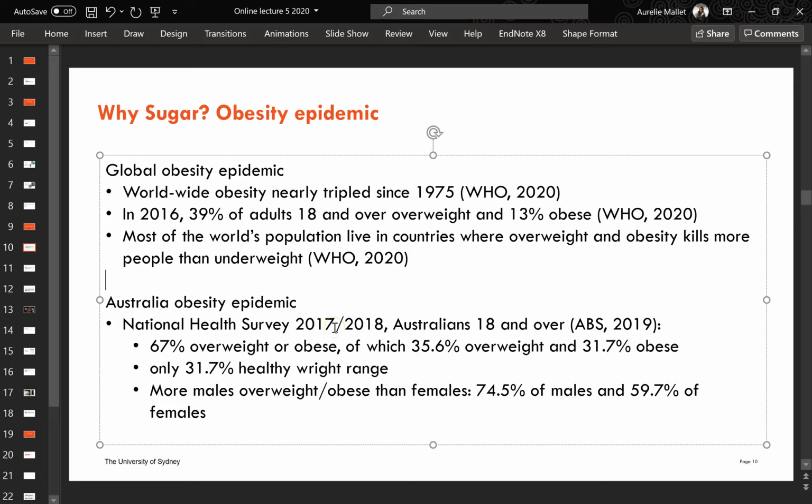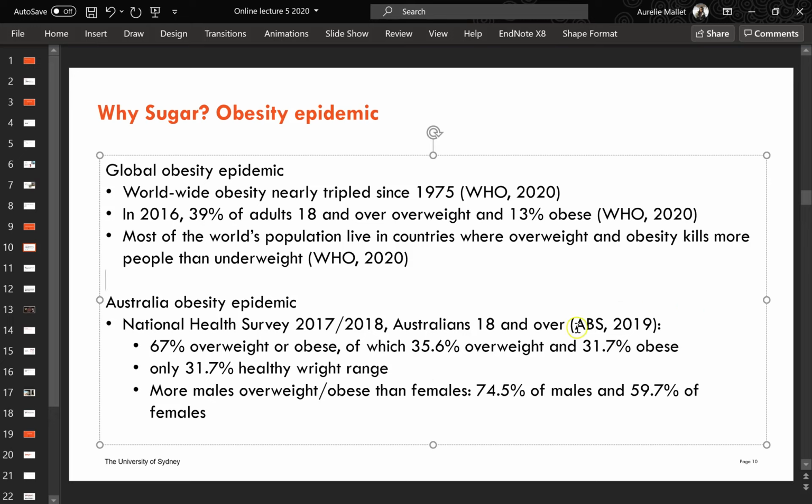But what about obesity in Australia? Well, it's actually not much different to what's happening around the world. If we look at the National Health Survey from 2017-2018, so the ABS is the Australian Bureau of Statistics. If any of you are going to be doing stuff here locally, looking at health, not just at health, but other stuff, the ABS provides lots of numbers, so lots of stats about various stuff.